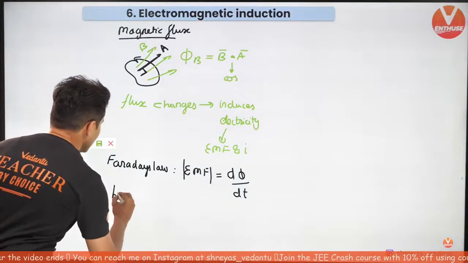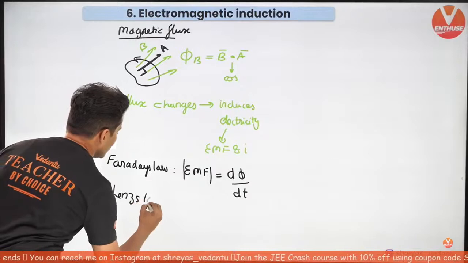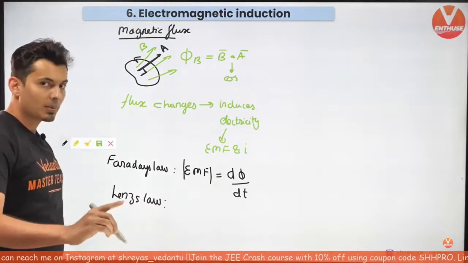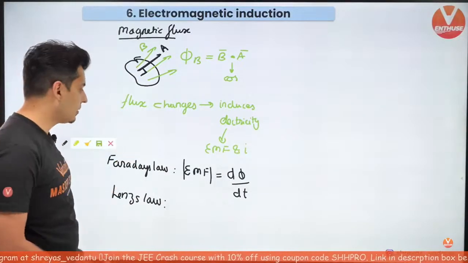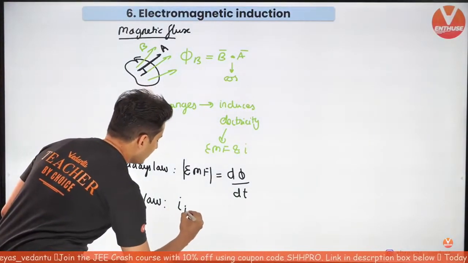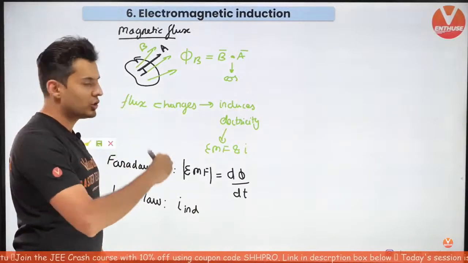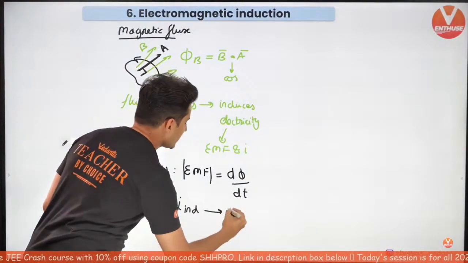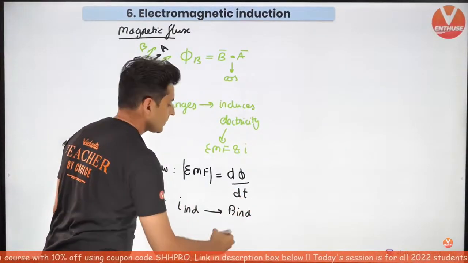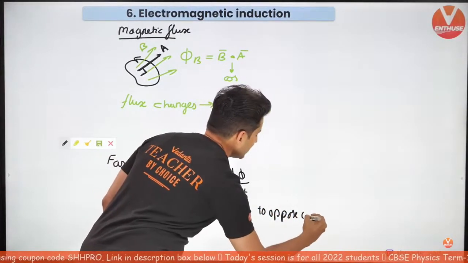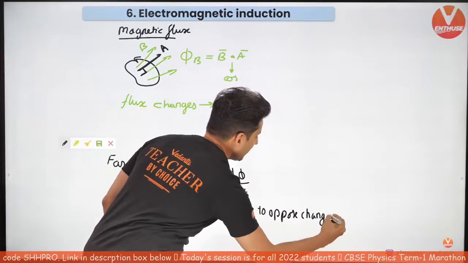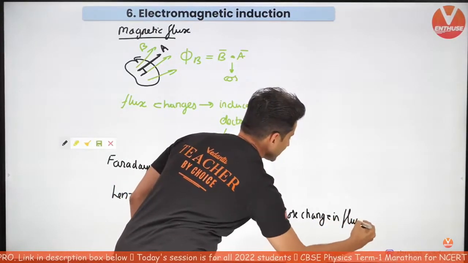And Lenz's law just tells one thing, that the direction of this current which is created inside the coil, the current which is induced, has only one job. This current produces an induced field to oppose the change in flux.